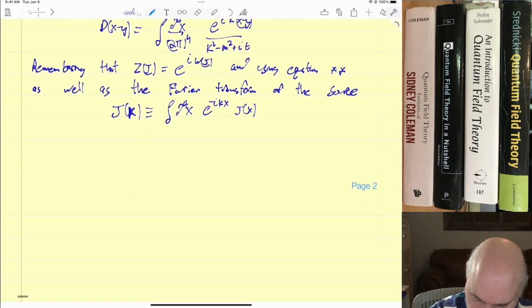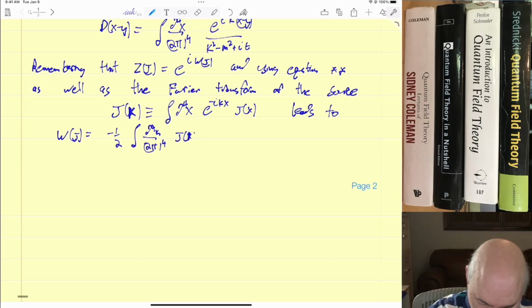This leads to W of j is minus 1/2 the integral of d4k over 2 pi to the 4th j(k) over k squared minus m squared plus i epsilon j(k). These asterisks here, usually the sources are real, so these might not even come into play.